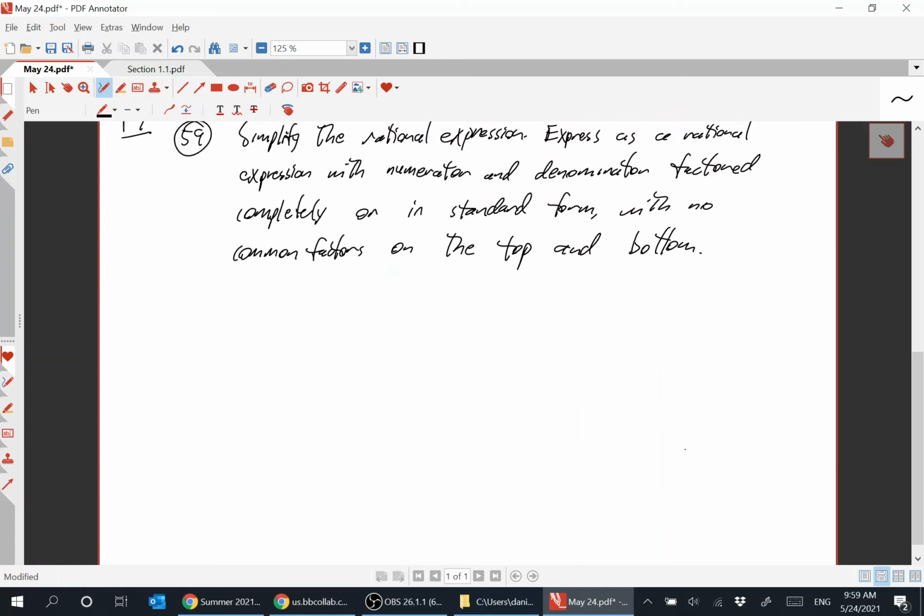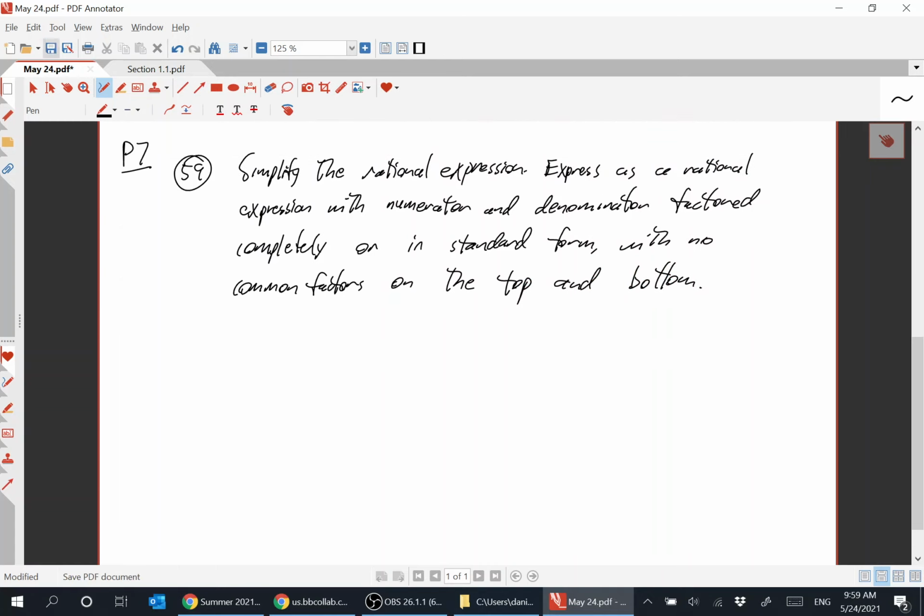So here in this group of problems in P7, we're now going to look at what I like to call nested fractions. So here you've got fractions within fractions.